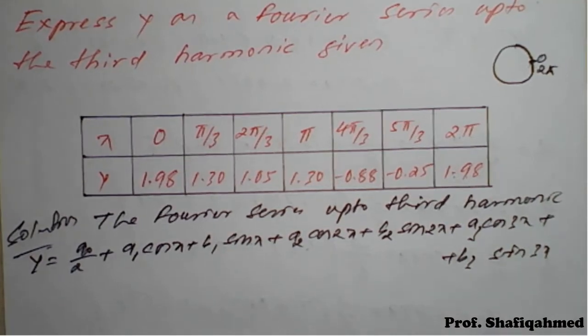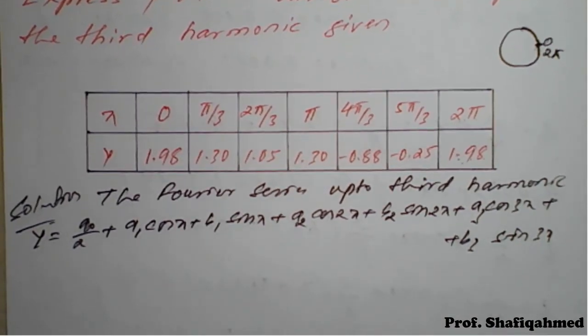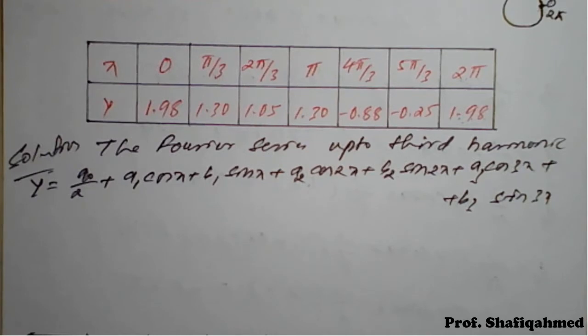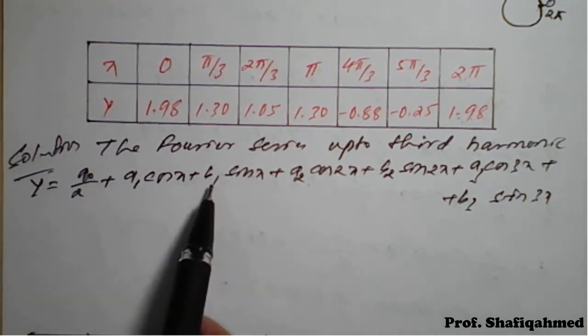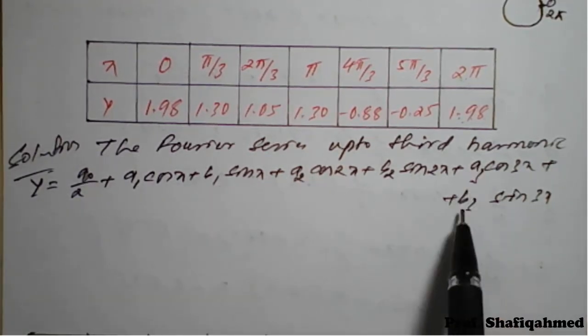So this is the third harmonic of the Fourier series. We need to find a0, a1, b1, a2, b2, a3, b3.